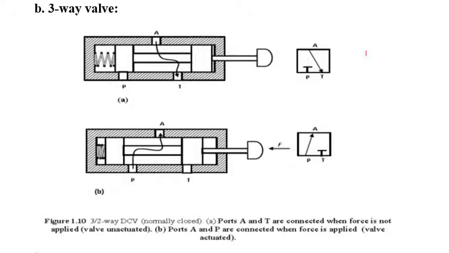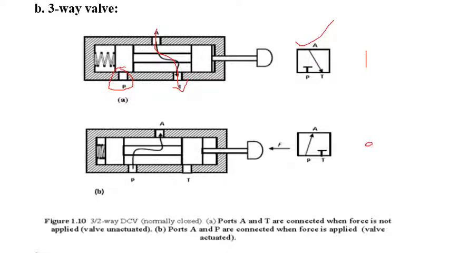See, in first position what will happen, the P is blocked, there is no flow, and the actuator A port connected towards tank. You can see here this condition is satisfied.